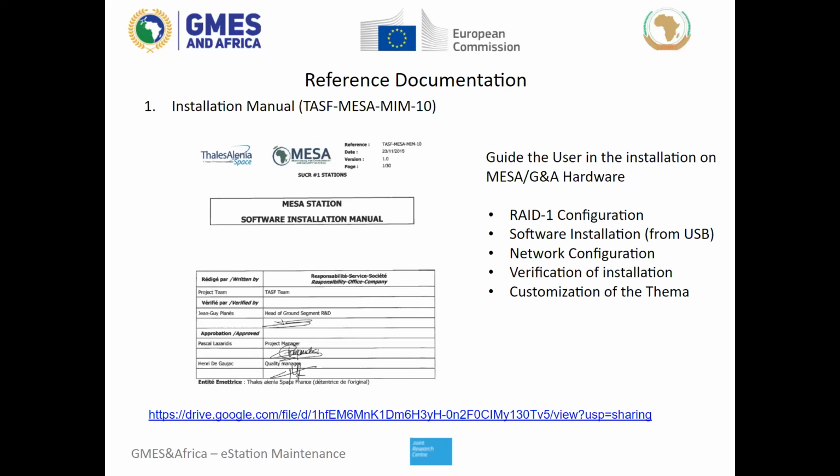So once you install, in order to make the eStation software to process the data, the important thing is to set the thema. Thema is to set the data, and then the coverage associated with your consortia.